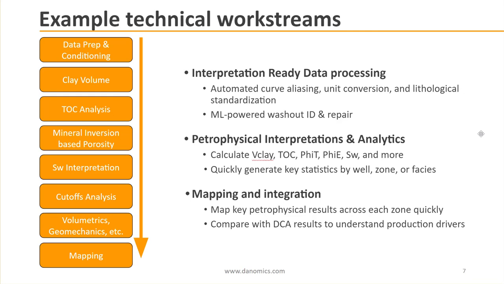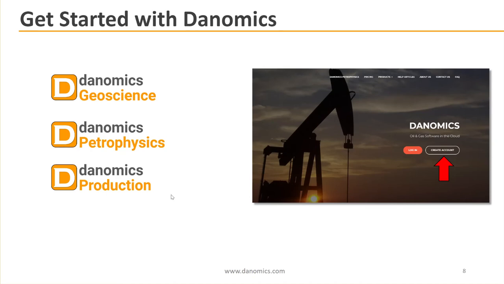Then they'll start to integrate. They'll bring the reservoir properties in and do some mapping on it in the geoscience domain. They'll compare that to the results from the decline curve analysis to try to understand what it is that's driving production.